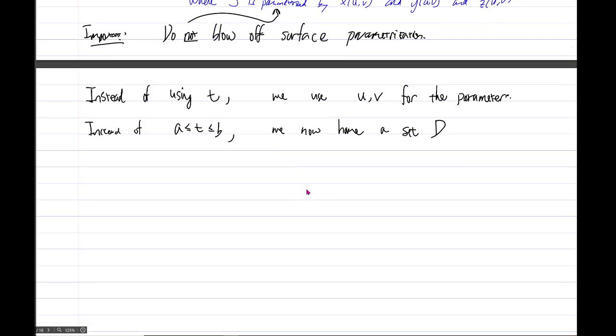So we now have a set D in the UV plane. That's meant to mimic t going from a to b. Now it might not be just u goes from constant to constant and v goes from constant to constant. You can just have any shape in the UV plane, right? And this set is called the parameter domain.